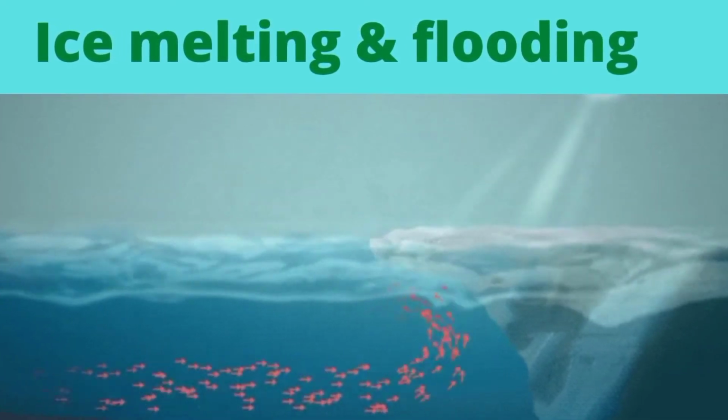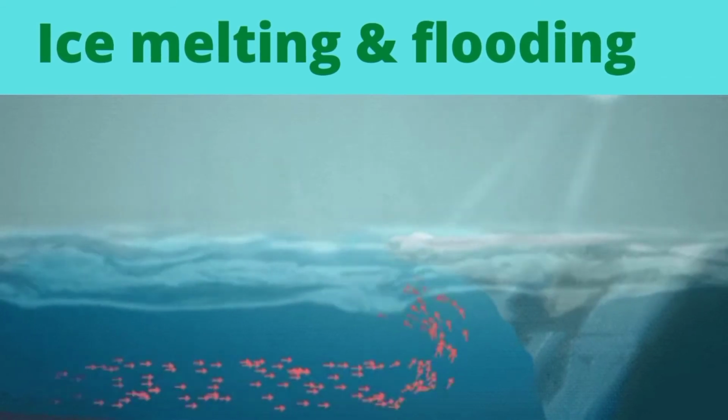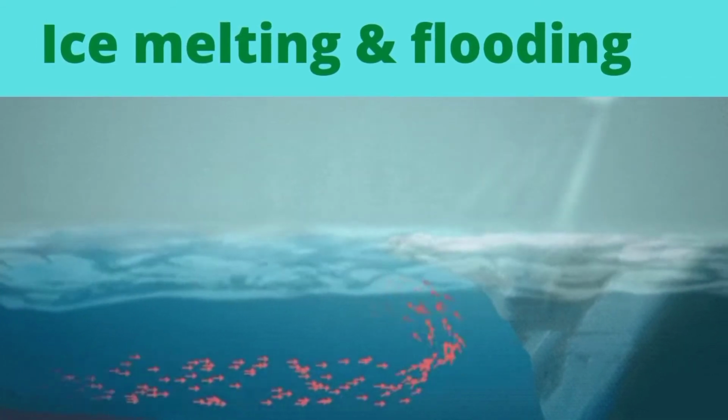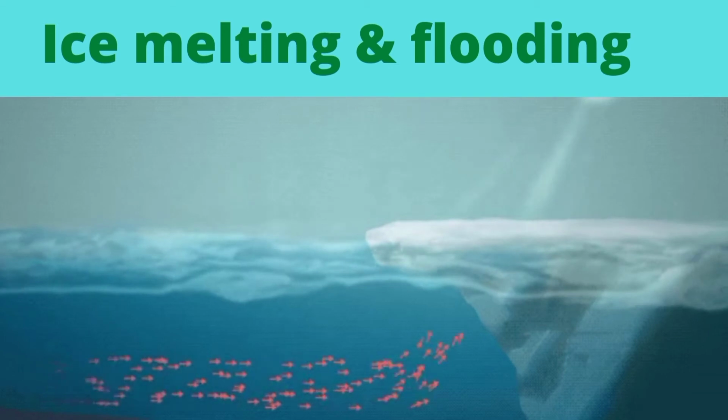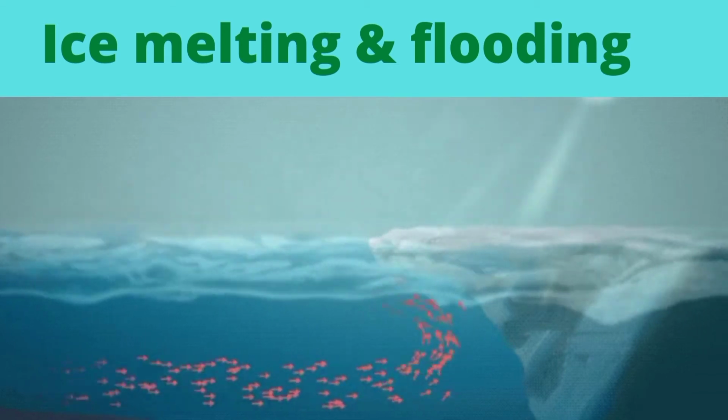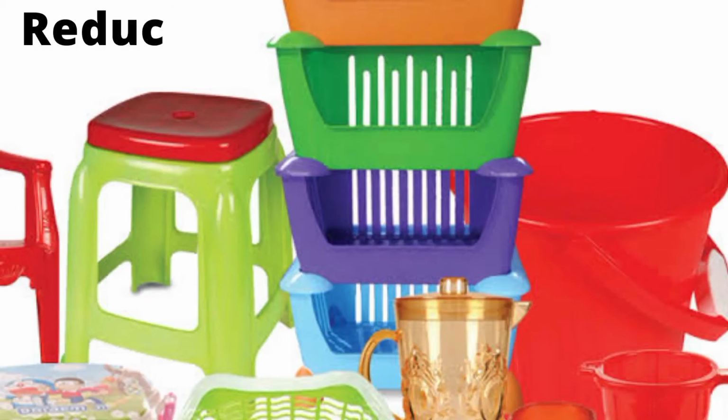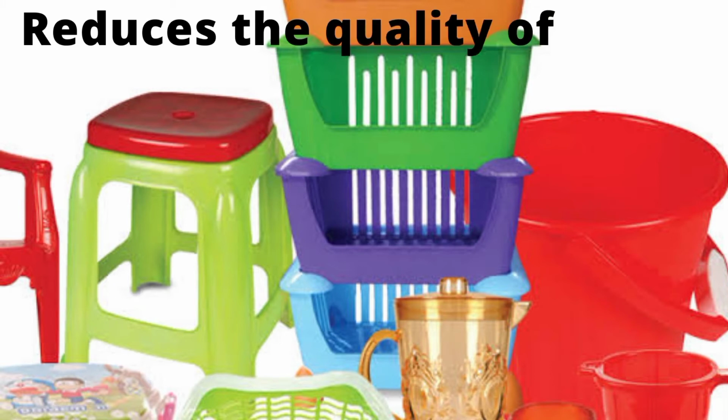I'm sure we all know the meaning of flooding because we have treated it in one of our topics. So by the time the ice melts, the water will increase and it will overflow its bank, causing flooding. It can also reduce the quality of plastic, thereby changing the color and making the plastic to be stiff.